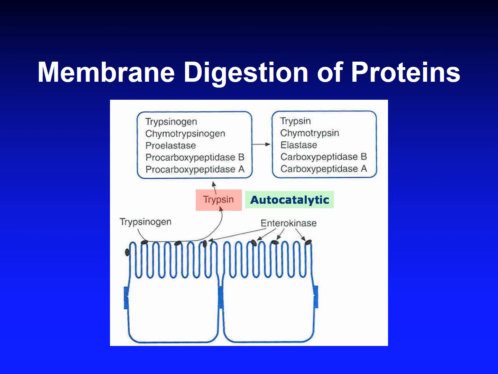So again, we have two types of digestion for the proteins. One is in the lumen, and this happens by two groups of enzymes. We call them endopeptidases and exopeptidases. They attack the external and the internal peptide bonds of the protein in the lumen, in the oral cavity, stomach, and intestine.